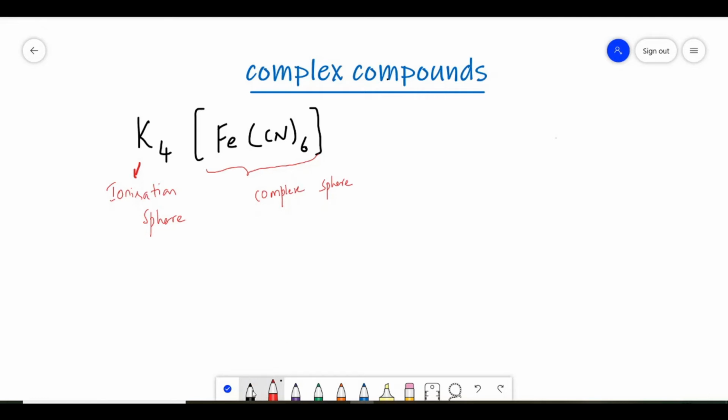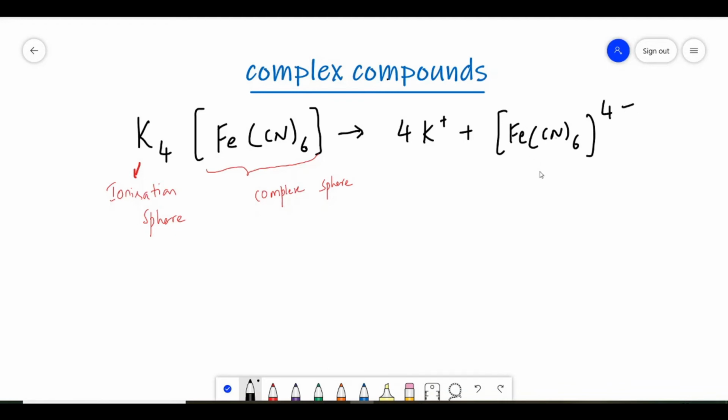Now when we ionize this, we have already seen this will give 4K+ ions and one complex ion, that is [Fe(CN)6]4-.